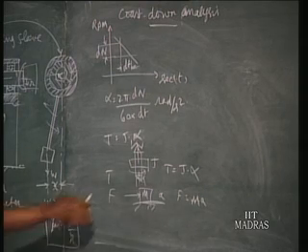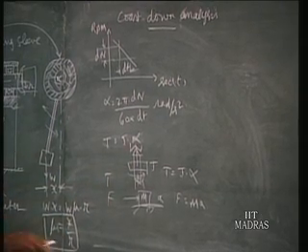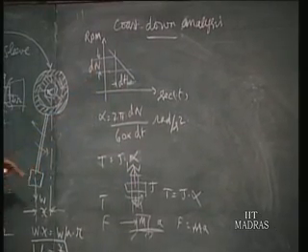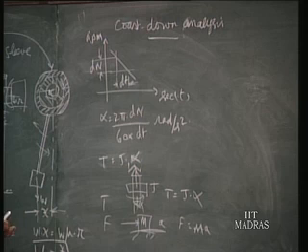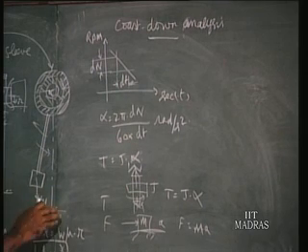So you can use torque to accelerate or decelerate also. That is what is made use of here in coast down analysis. Whatever friction torque is available, once you cut the power supply to the motor, the rotor decelerates. That deceleration is proportional to the friction torque. That is the principle.